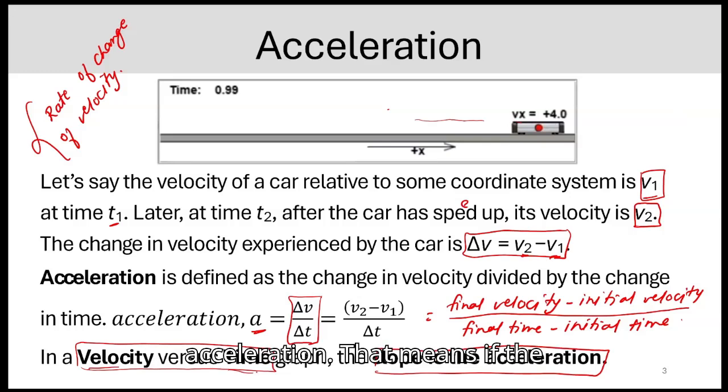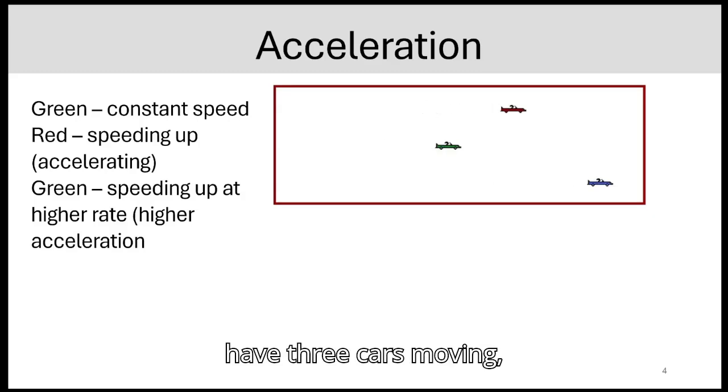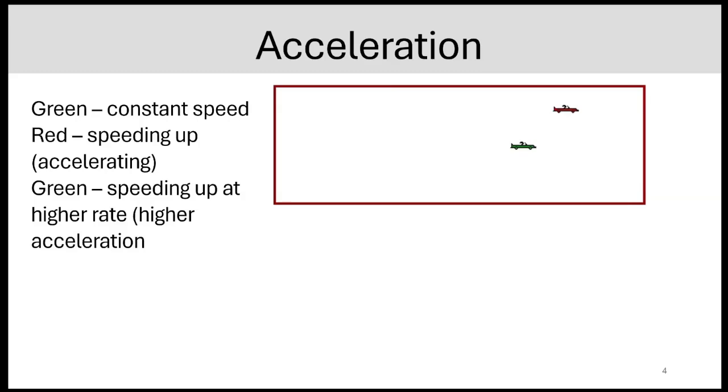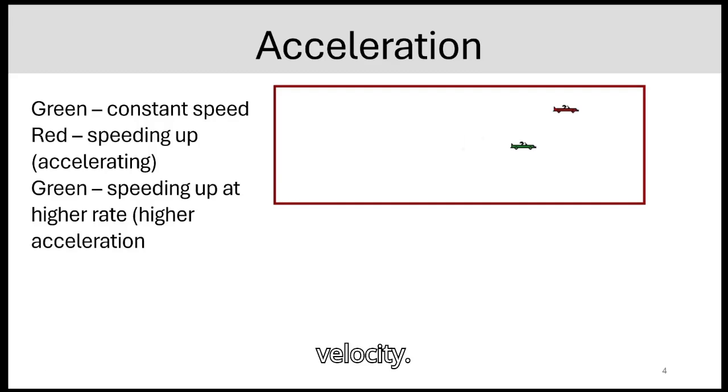That means if the slope increases, the acceleration also increases. The steeper the curve is, the higher the acceleration will be. Let's take an example again. We have three cars moving, and we can see in this animation the green car is at a constant velocity.